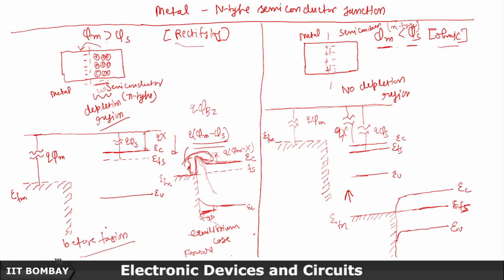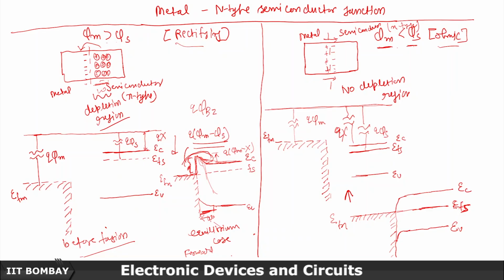EC. So if I say, is there a barrier potential? Yes, there is a barrier potential for electron to move. As you can see from here, because the electric field is here, right, in this direction from positive to negative, that will stop the further diffusion of electrons from metal to the semiconductor.